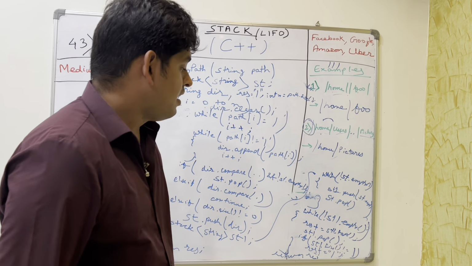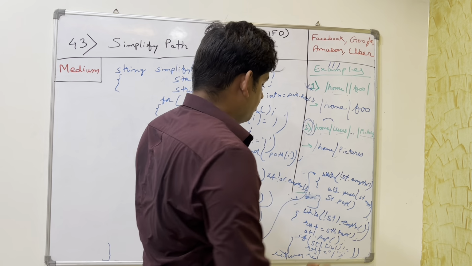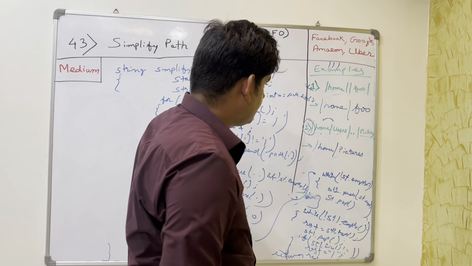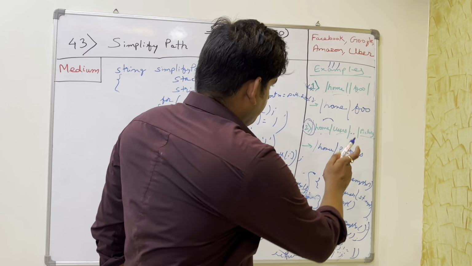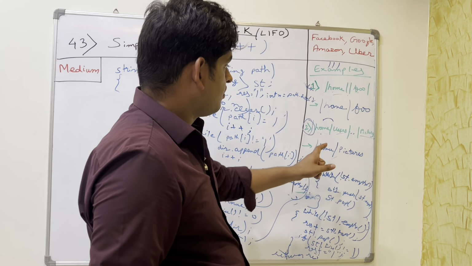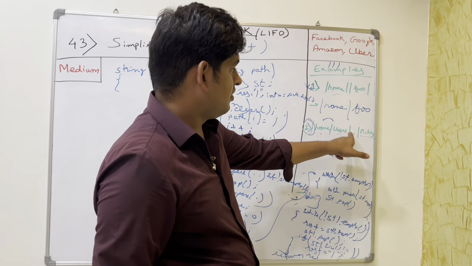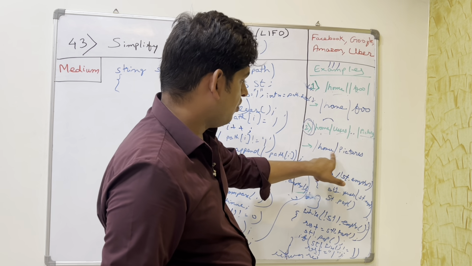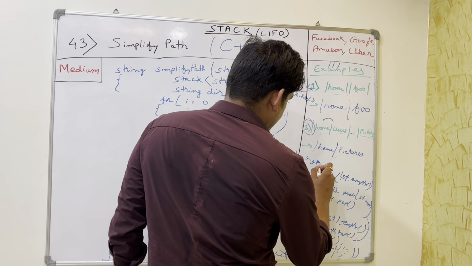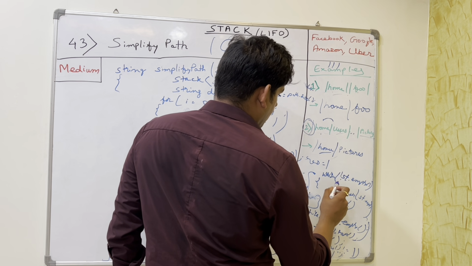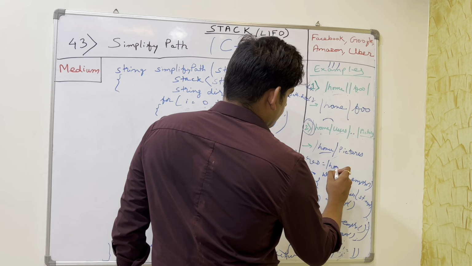Okay, why? Because for example here home slash users, so we have this home and pictures in our stack. Okay, so I've got the result as slash and then I see home in the stack. Okay, so I've added home.